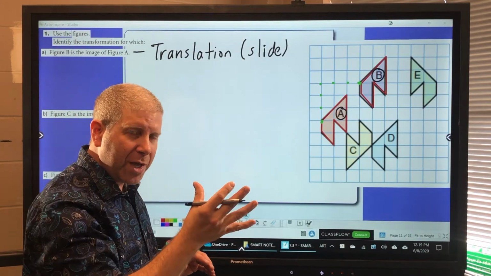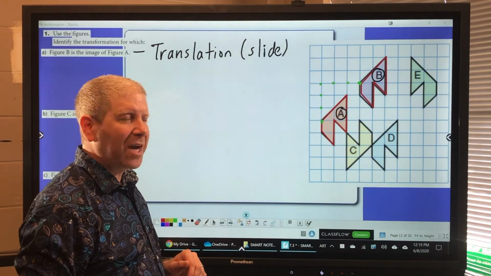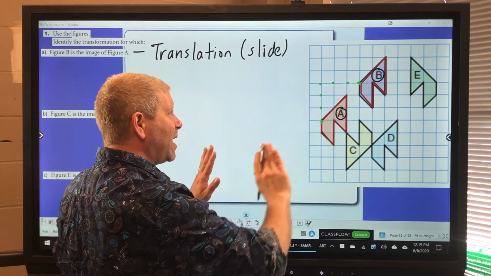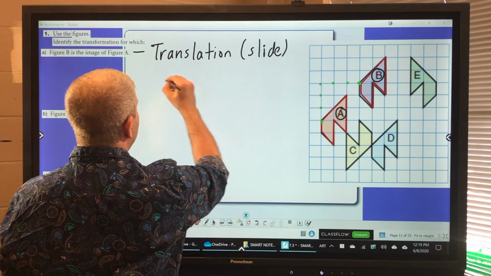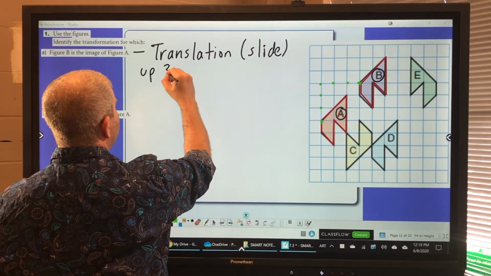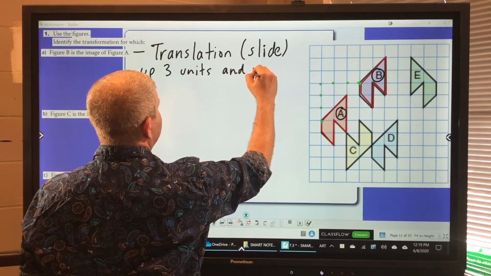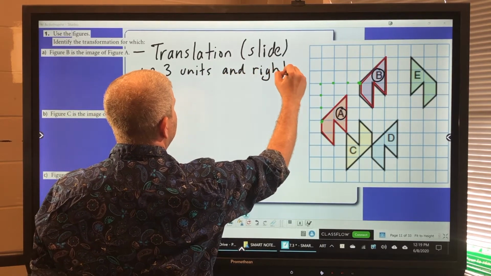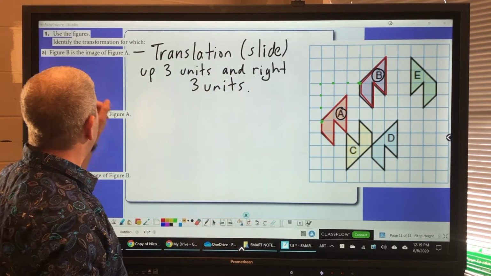You don't turn it, which would be a rotation, and you don't flip it, which would be a reflection. A slide is simply sliding in one direction or another. Now we're going to translate up 3 units and right 3 units. And that is it for A.